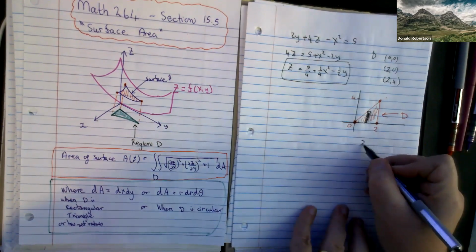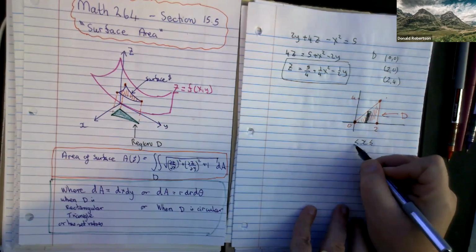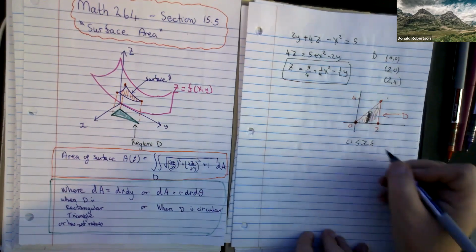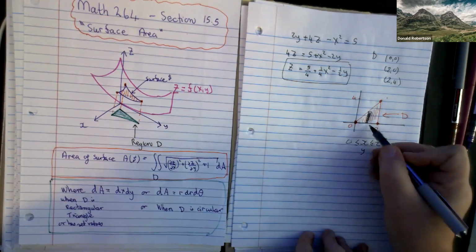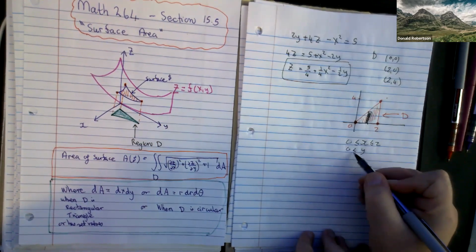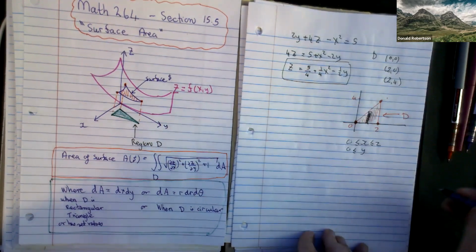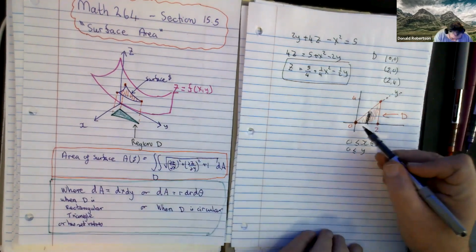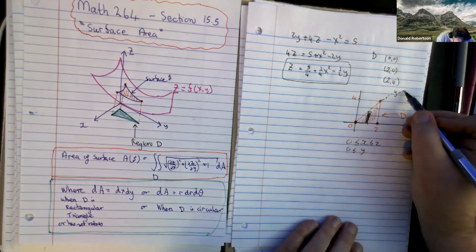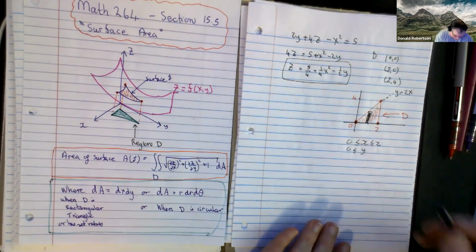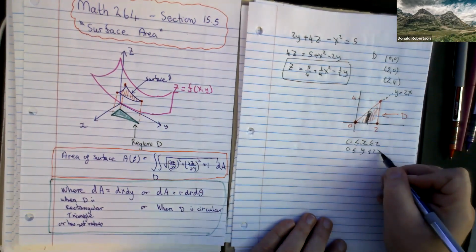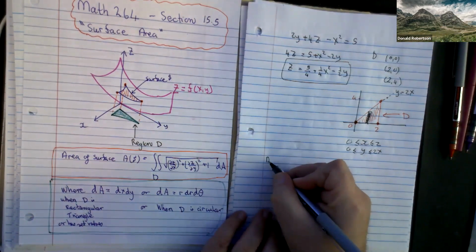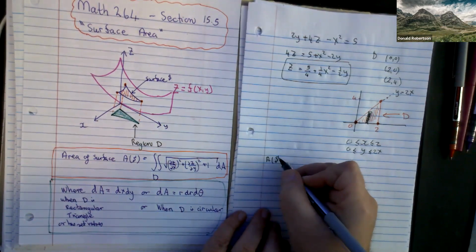And if you go vertical, then the x's go from 0 to 2 because you're scanning like this. And the y's go from 0, which is the easy one, to the equation of this line. And the equation of this line is not that bad because if you do rise over run, it's just y equals 2x. Now we should be able to set it up, and at this point I'll stop.